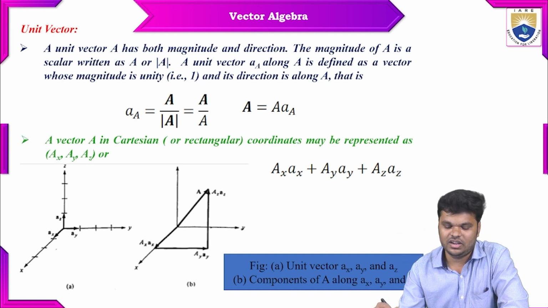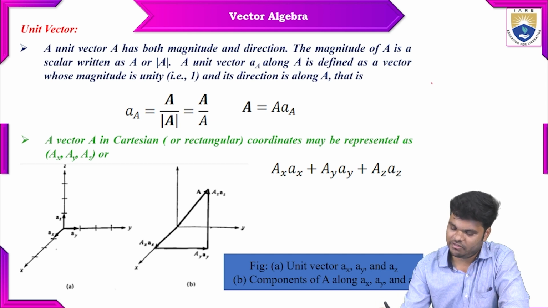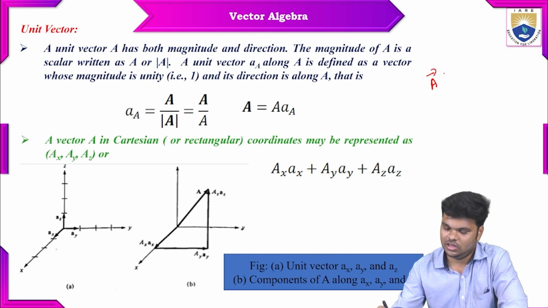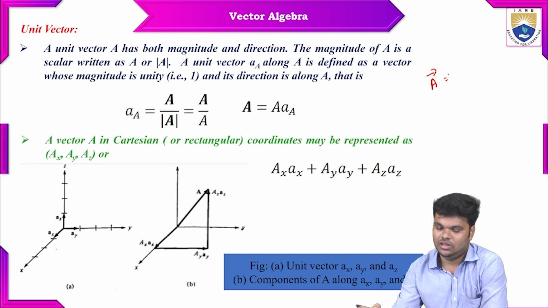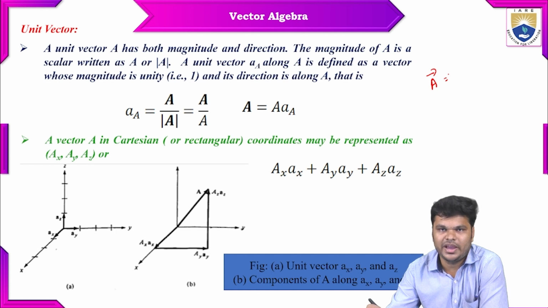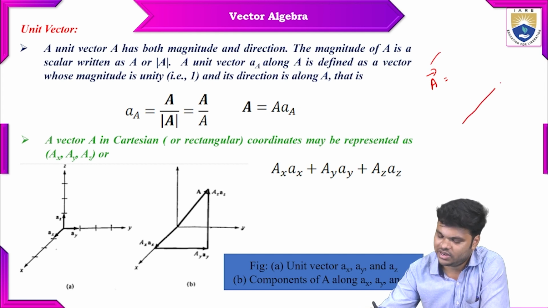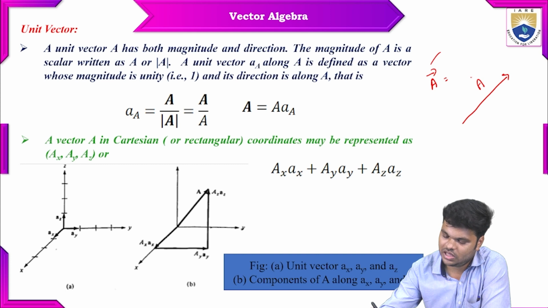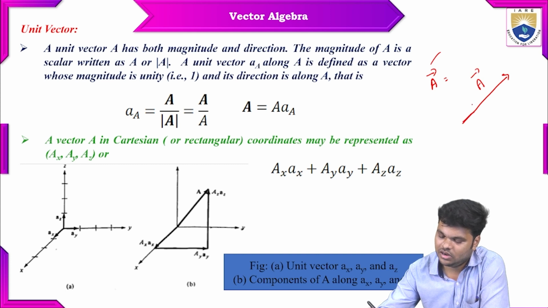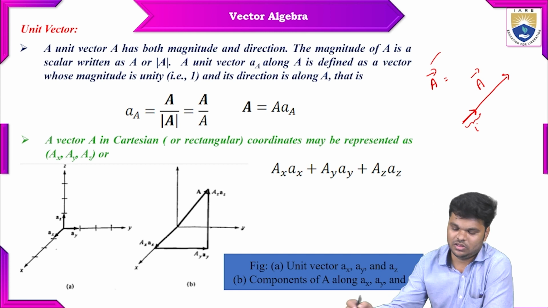So we know that a vector has a magnitude and direction, right? Suppose I have a vector A, which has a magnitude and direction. If I want to find a vector along the direction of A which has magnitude 1, then what should I do?